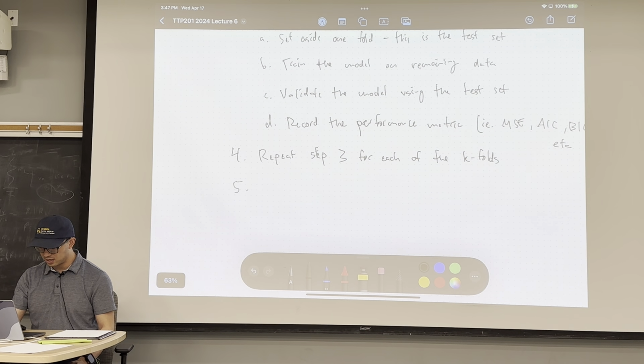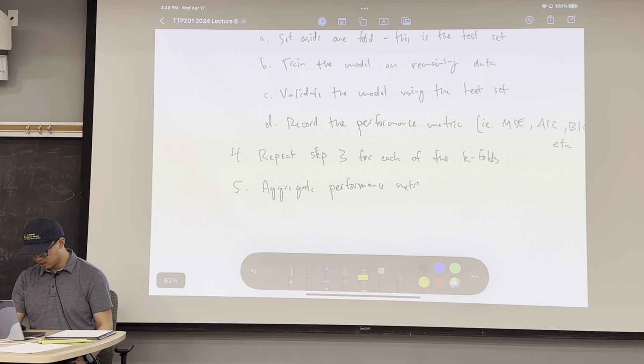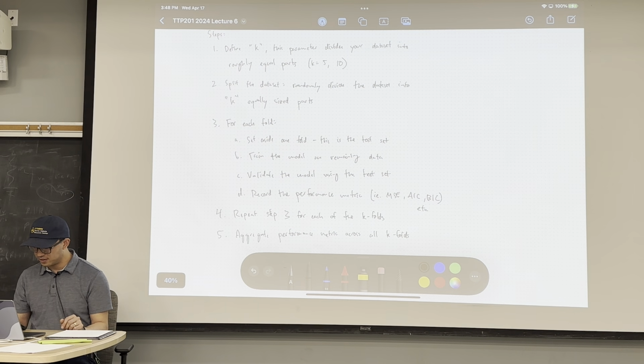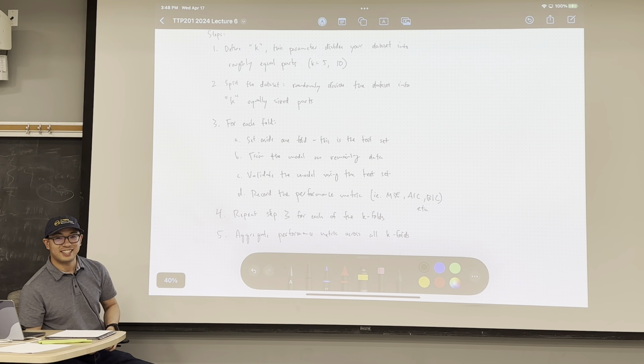And then aggregate the performance metric across all K folds. Okay. What the heck did I just describe?